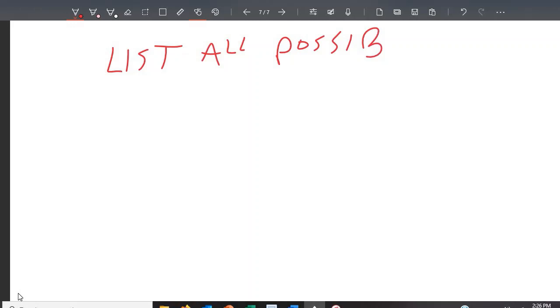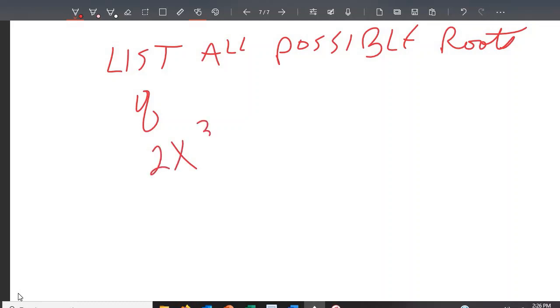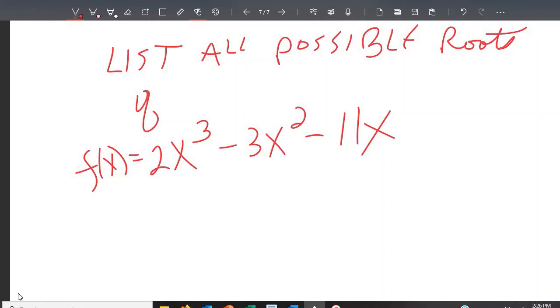Let's say I want to list all the possible roots of the function 2x cubed minus 3x squared minus 11x plus 6.